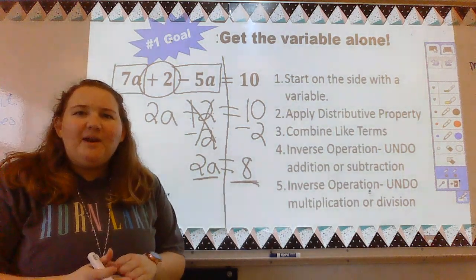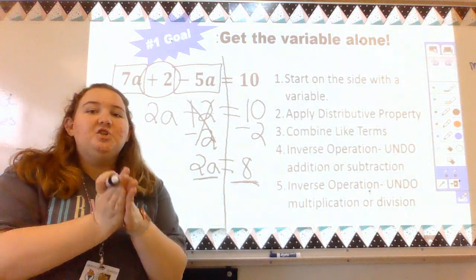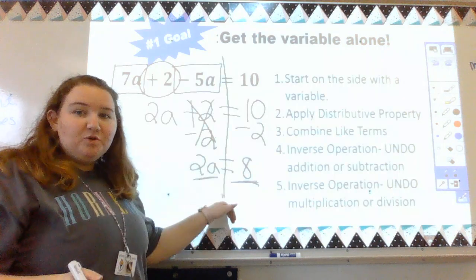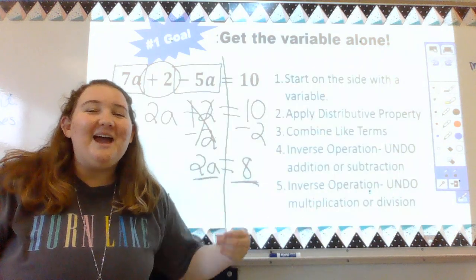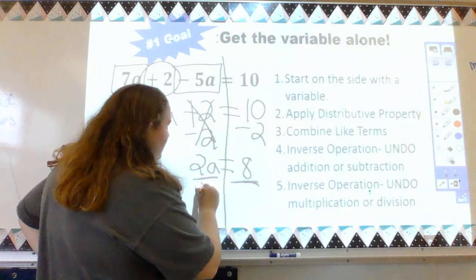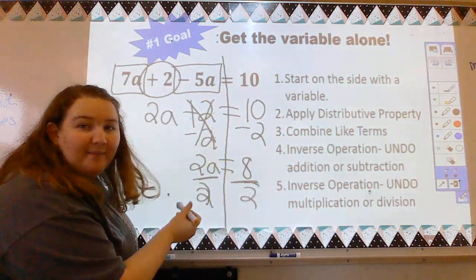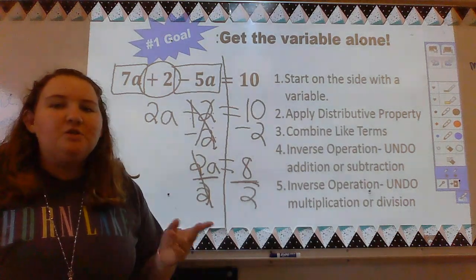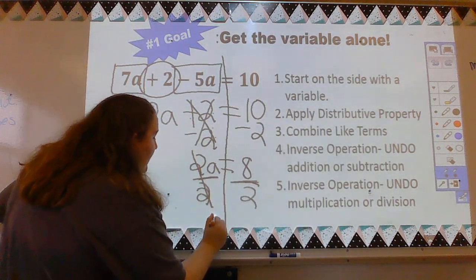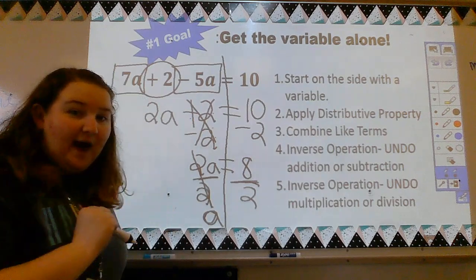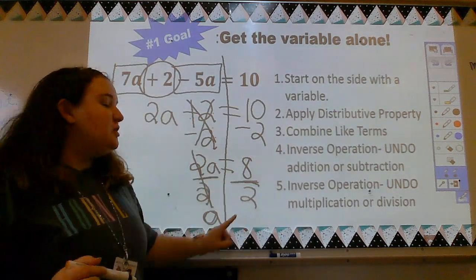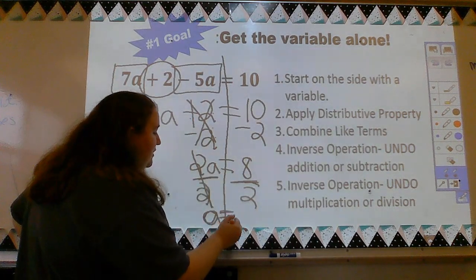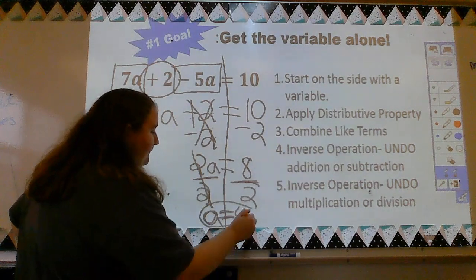We're going to divide by whatever is smushed up against your letter. So 2 is what's smushed up here. So I'm going to divide by 2. On my left side, 2 divided by 2 cancels, because 2 divided by 2 is 1, or 1a, okay? And 8 divided by 2 is 4, so a equals 4. Okay?